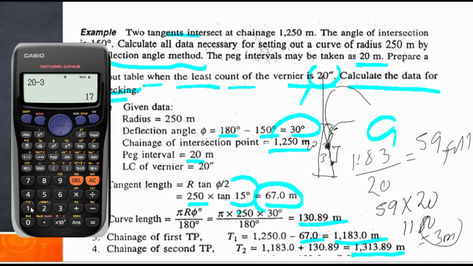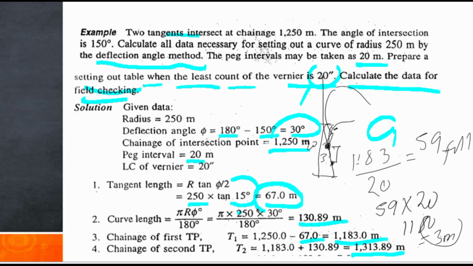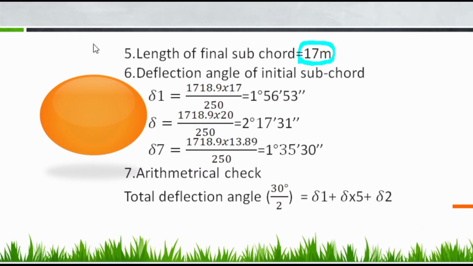Then we go back here. We had the curve length. The curve length is 130.89. You use your calculator properly. That is the curve length that we calculated there, and we have already eaten 17 there.